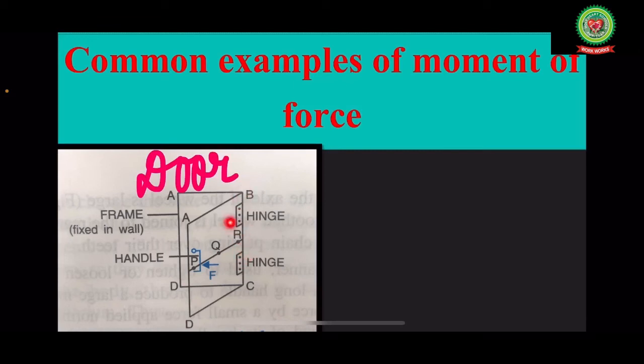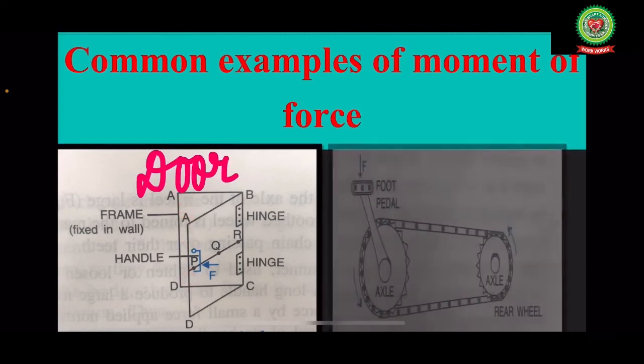So the handles of the door are always provided near the free end of the door, as we know that torque is equal to the product of force applied and perpendicular distance of line of action of force from axis of rotation. By providing the handle at the free end of the door, we are increasing the perpendicular distance of line of action of force from axis of rotation so that less force is required to produce the turning effect to open the door.